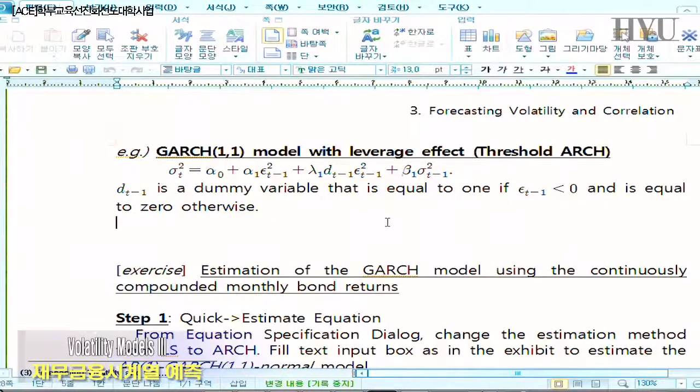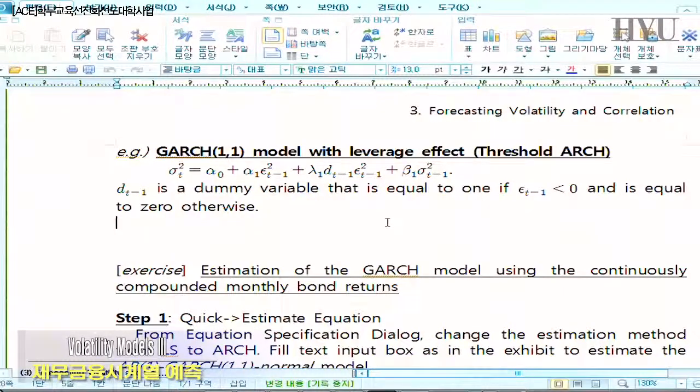Then you can create a dummy taking values 0 and 1, and use that as a regressor here. If you add that 0, 1 dummy, then if the period is in the second subsample, the coefficient will be added to this one, making the baseline volatility higher.